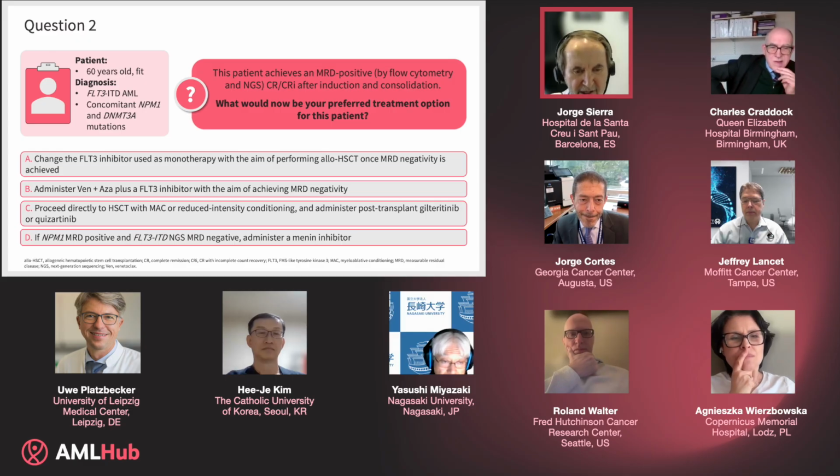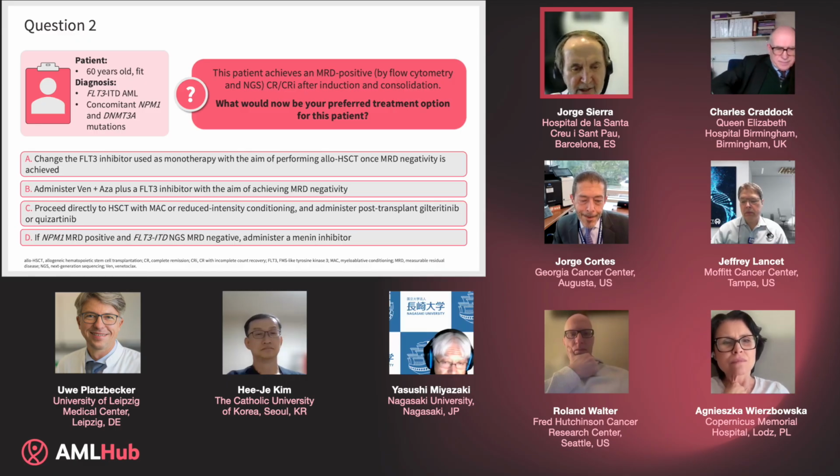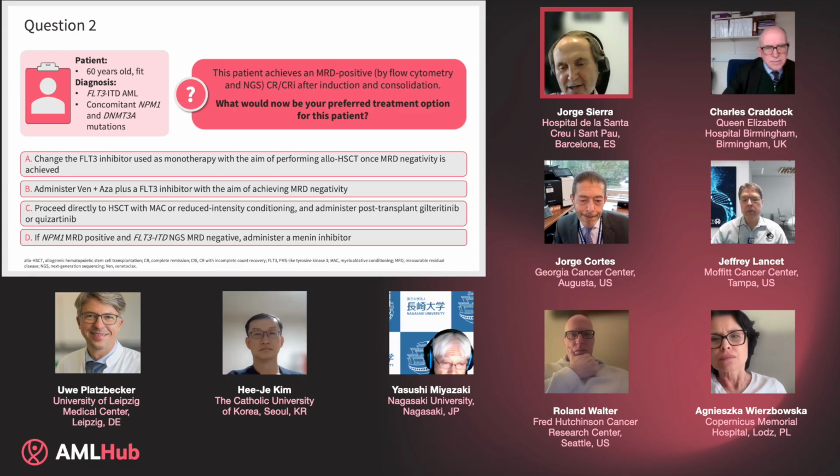B, administer Ven/Aza plus a FLT3 inhibitor with the aim of achieving MRD negativity. C, proceed directly to transplant with MAC or reduced intensity conditioning and administer post-transplant gilteritinib or quizartinib. D, if NPM1 MRD is positive and FLT3 ITD NGS is negative, administer a menin inhibitor.